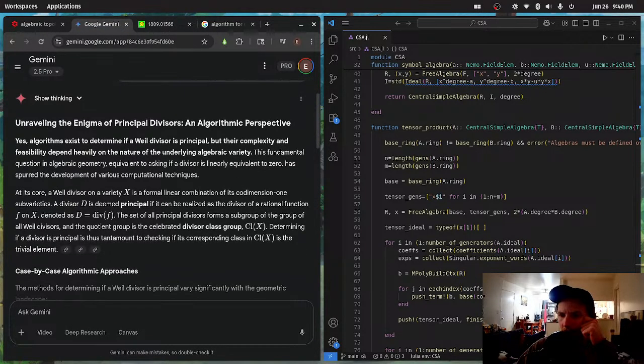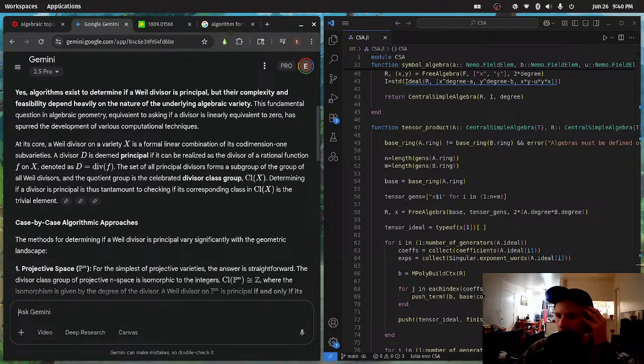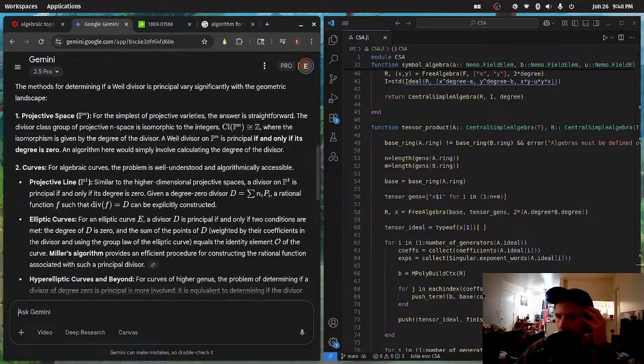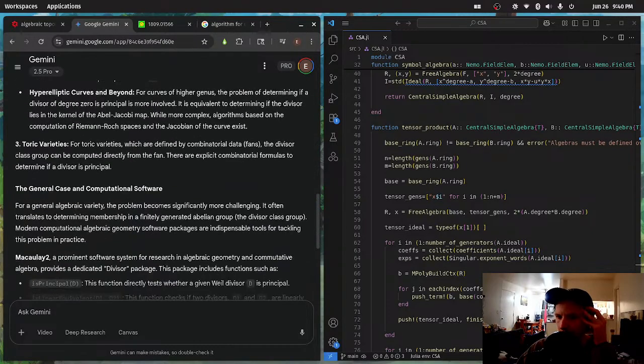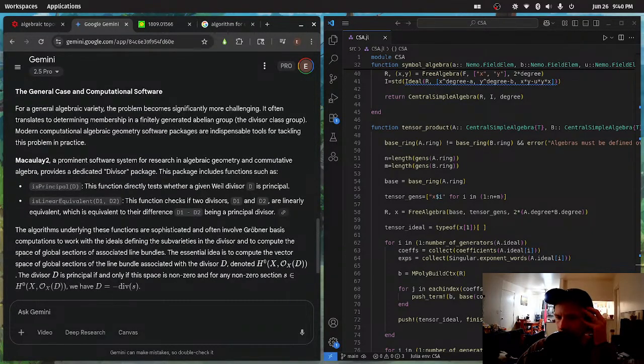Unraveling the enigma of principal divisors, an algorithmic perspective. Yes, algorithms exist to determine if a Weil divisor is principal, but their complexity and feasibility depend heavily on the nature of the underlying variety.